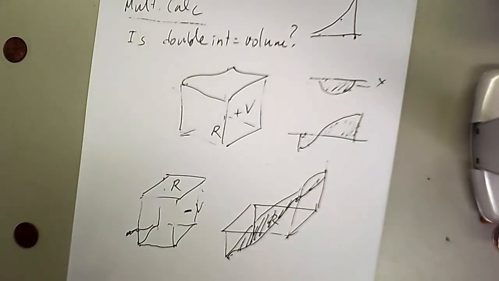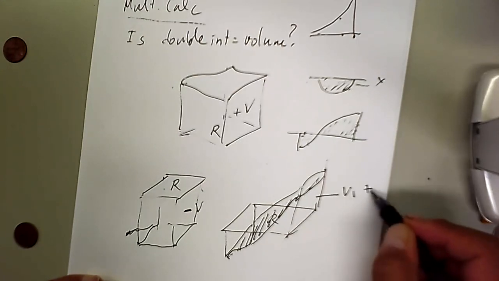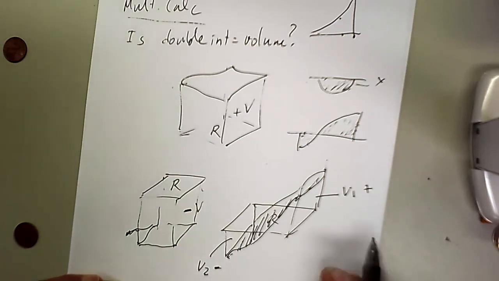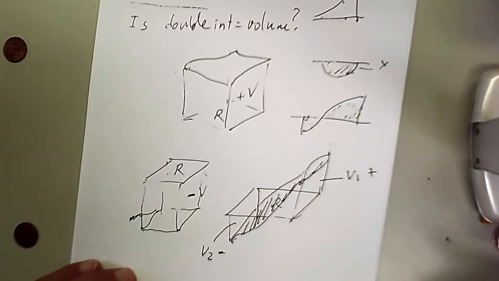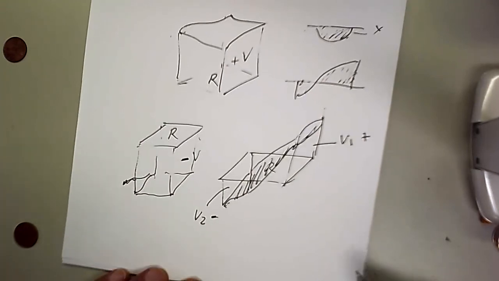Do we get the volume? Well, it depends. You get volume 1 here, positive, but then this is volume 2, which would be negative. And when you add them together, you get the double integral. So do we get the volume? Under some circumstances, yes. Under other circumstances, no. And that's where we end this video.